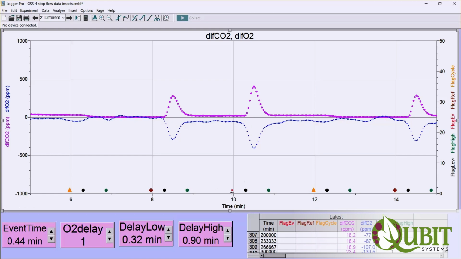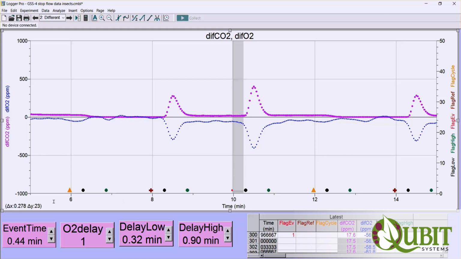For the delay low parameter, you use your mouse and you sweep the data from the point where the switch occurred to the point where the CO2 and O2 peaks are just starting to come up. Oxygen seems to be starting a little bit sooner, so this is probably where I would set the value of delay low.